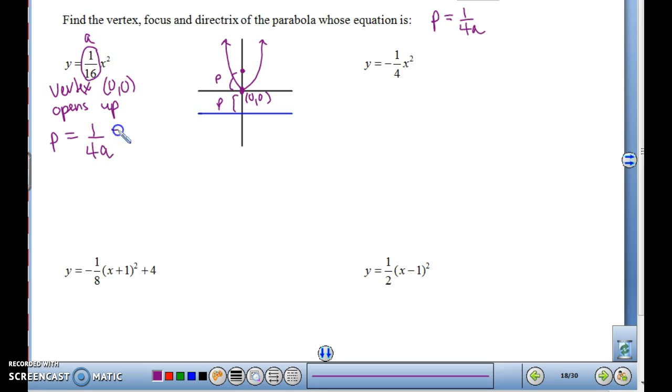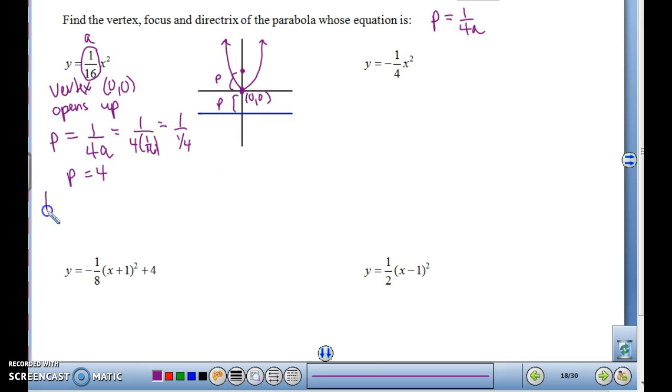So this is 1 over 4 times 1/16. And 4 times 1/16 is 4/16 or 1/4. So it's 1 divided by 1/4. When you take 1 divided by 1/4, basically use the reciprocal, p is going to equal 4. So that means my focal length from here to here is going to be 4.